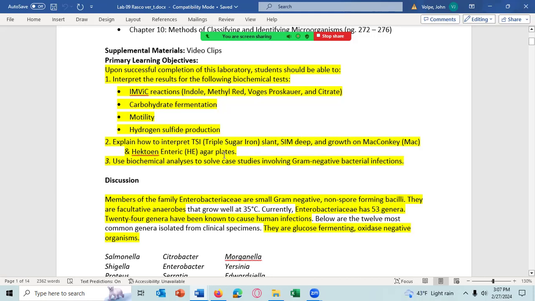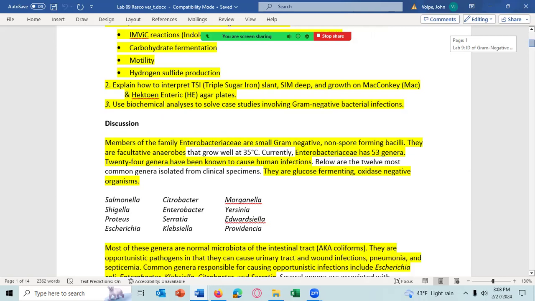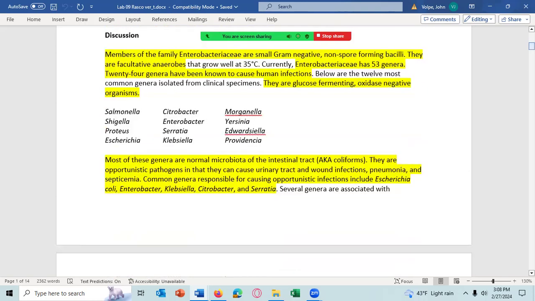I'll have to talk about that. We'll talk about those. And then use biochemical analysis to solve case studies involving gram-negative bacterial infections. You'll have a number of case studies to solve in today's lab. Any questions about what we're doing?